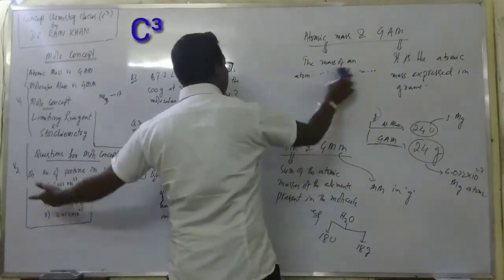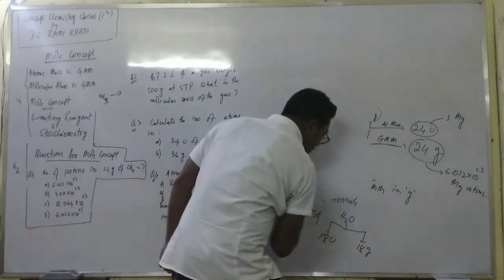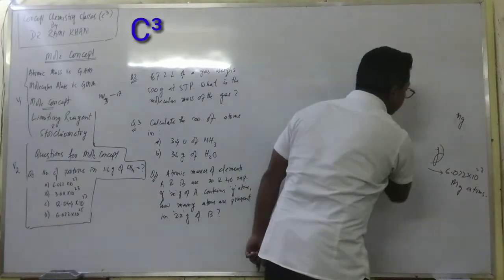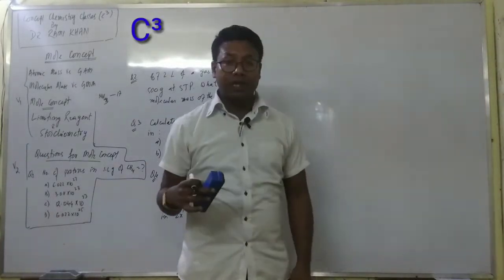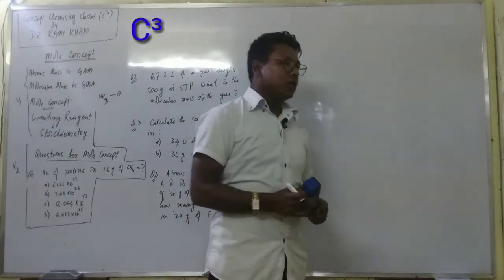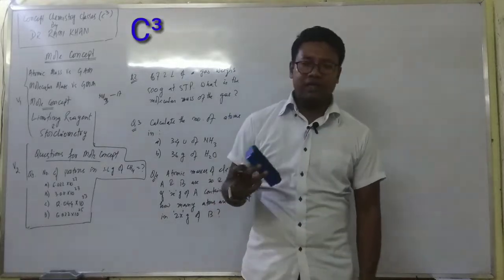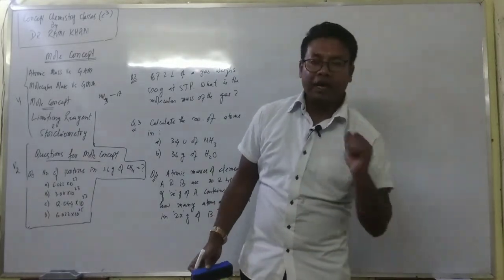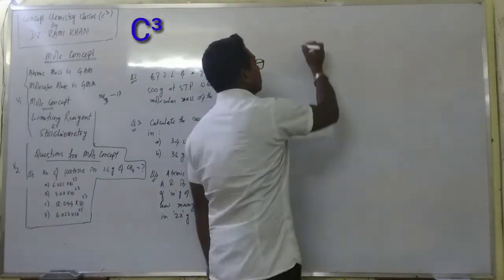Now let's go to mole concept. Mole, what is mole? Mole is nothing but the SI unit of amount of substance. Just like kg is the SI unit of mass, second is the SI unit of time, similarly, mole is the SI unit of amount of substance.